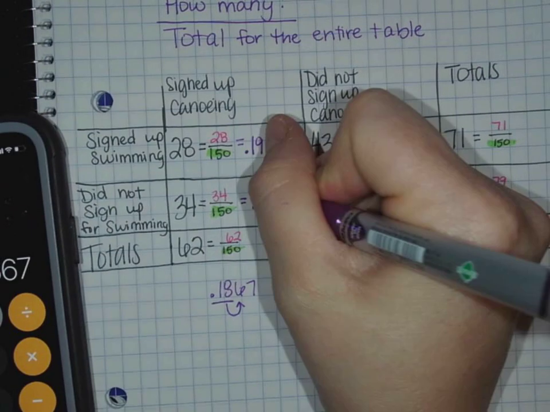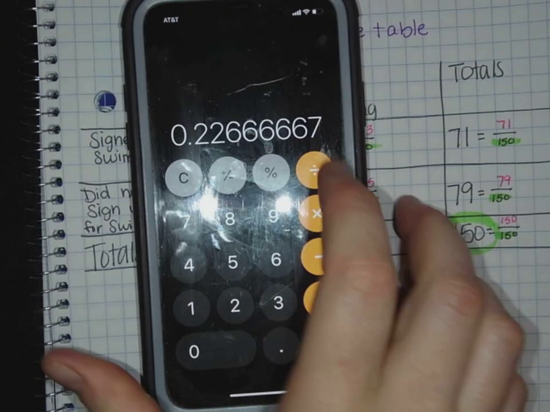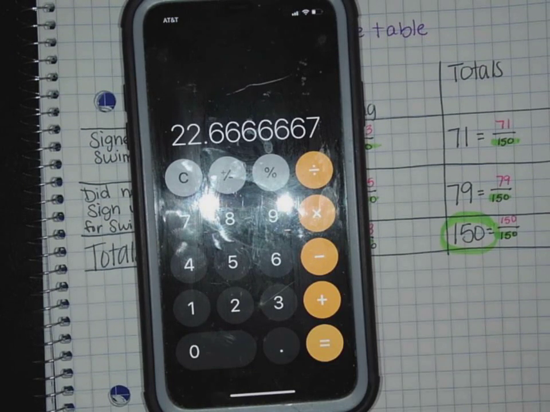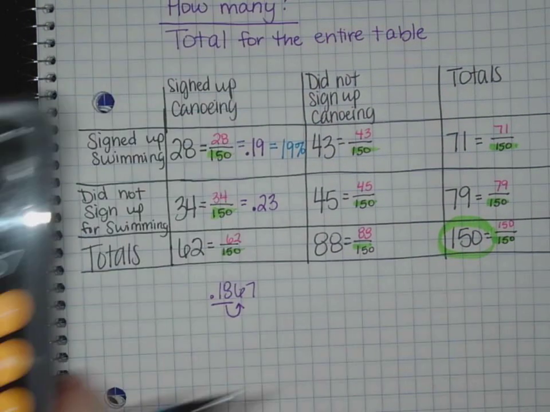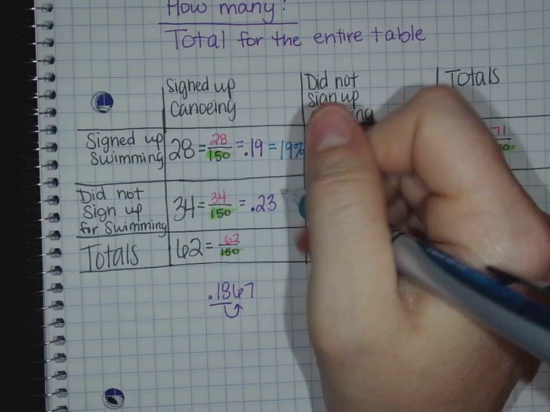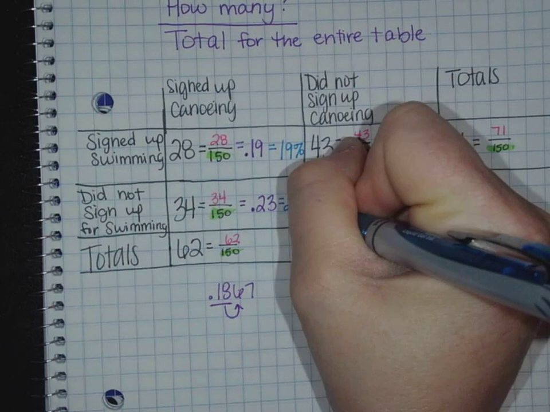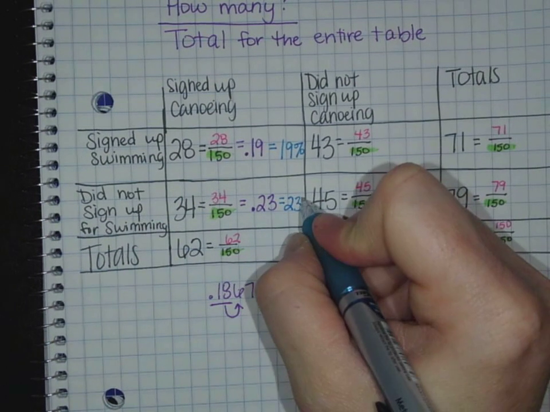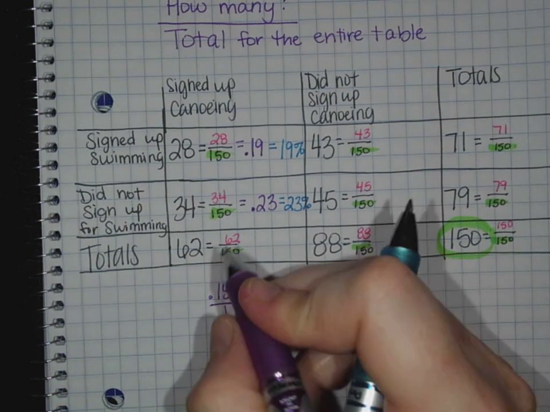So it would be 0.23. Because if I multiply by 100, it would be 23 when you round to the nearest whole number. On the assignment, it only wants the percent, so make sure you're not giving the decimal as your answer. It wants the percent.